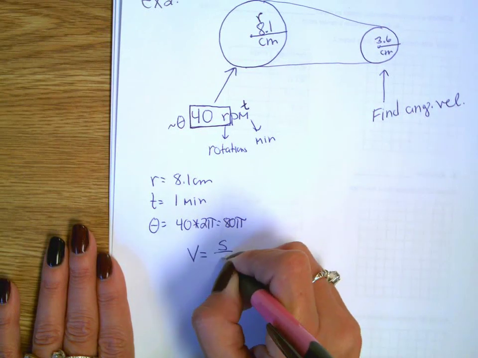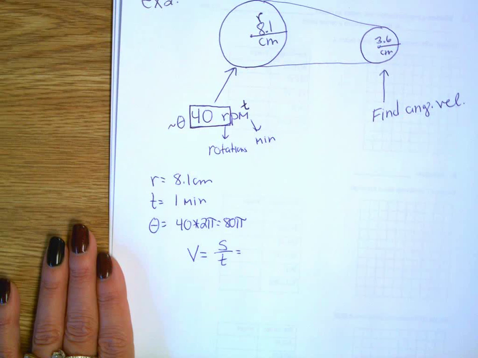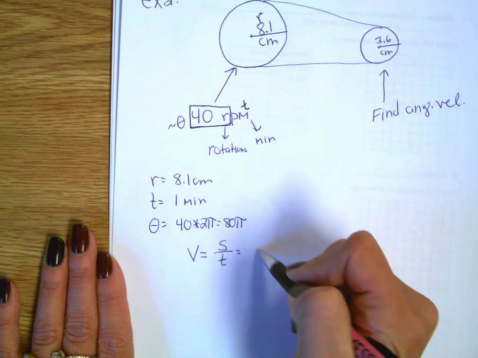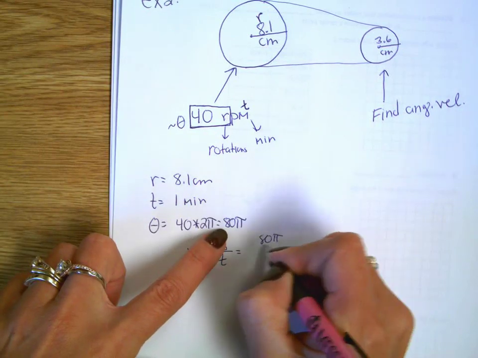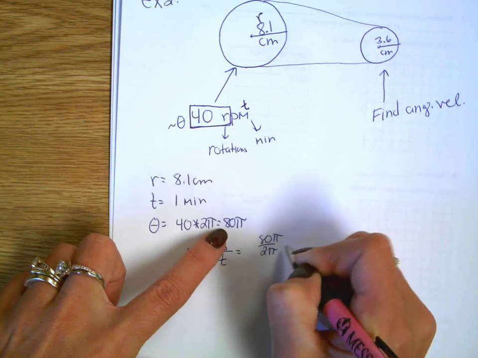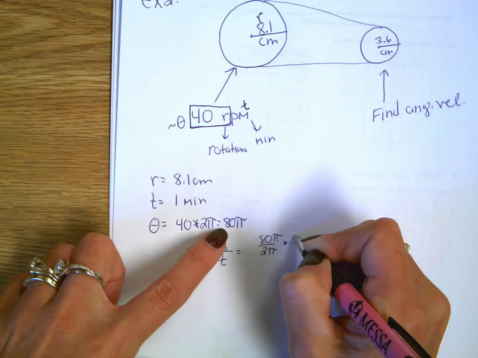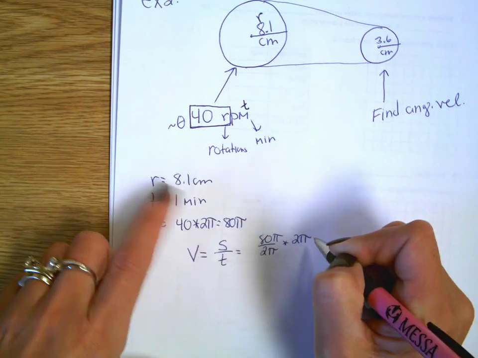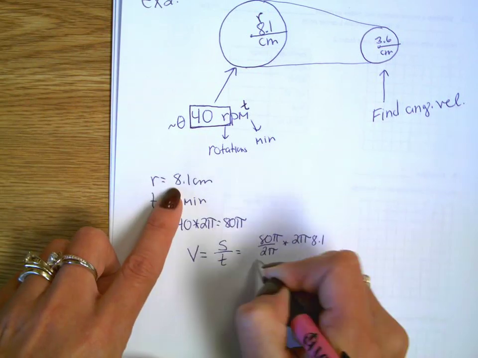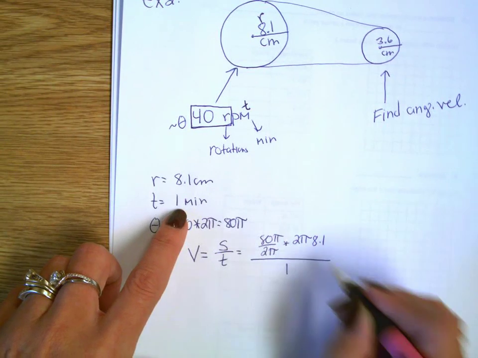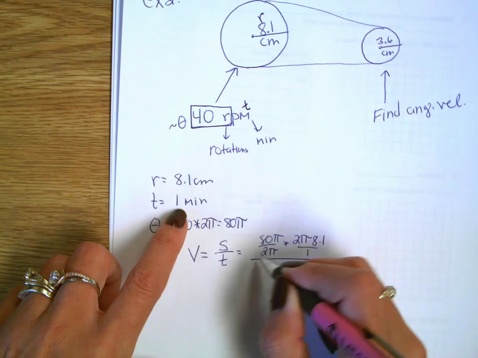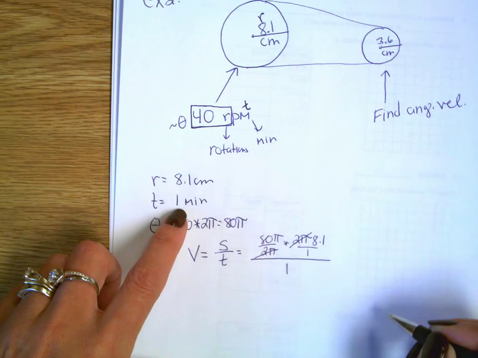Now I'm ready for plug and chug. I'm going to go with the F over T. To get the arc length, it's the fraction of the circle, which is 80 pi divided by 2 pi times by circumference, 2 pi r, all divided by 1. 2 pi's cancel.